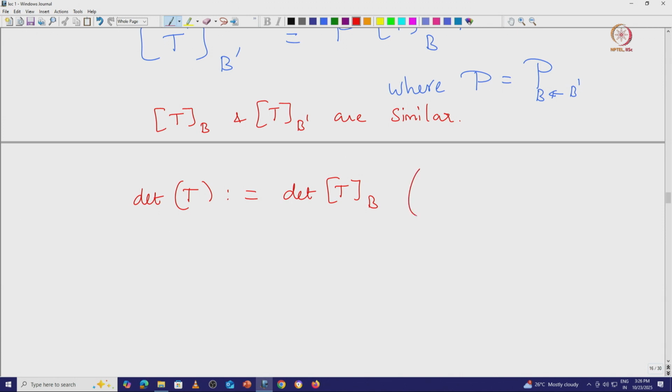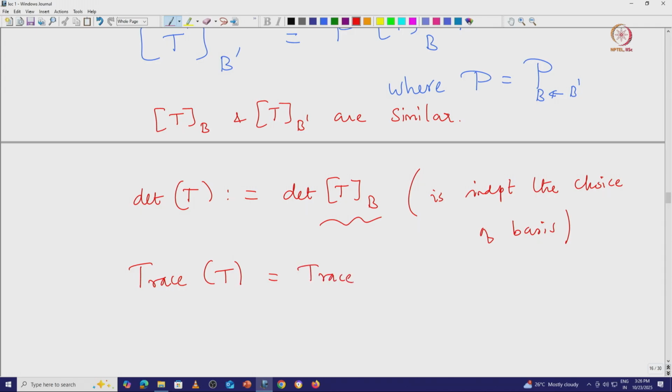So, indeed, this quantity is independent of the choice of the basis. Similarly, we can define the trace of T to be the trace of this matrix representation of T with respect to some basis B. Again, similarly, this is independent of the basis because of what we proved before.